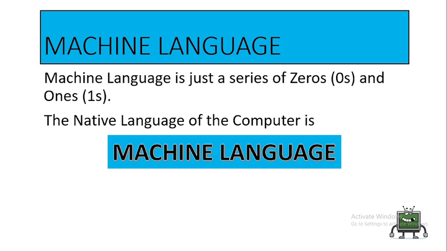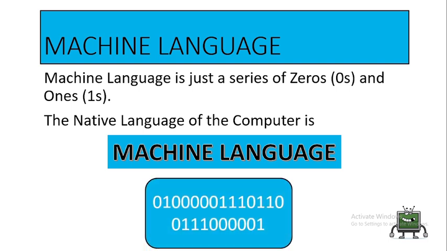So we can say that the native language of the computer is machine language, that is zeros and ones. The computer throughout its life is going to deal with zeros and ones, and that is its language. It actually understands and speaks zeros and ones.